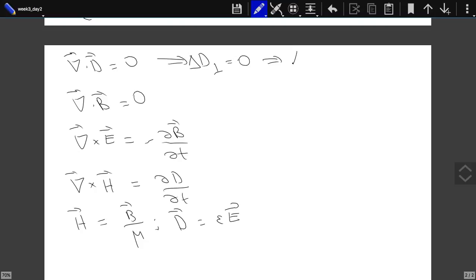Or the change in epsilon times E. Of course, the perpendicular component of E is 0.